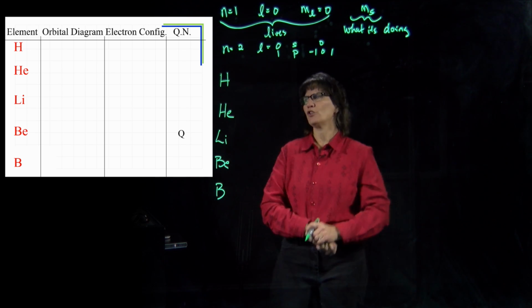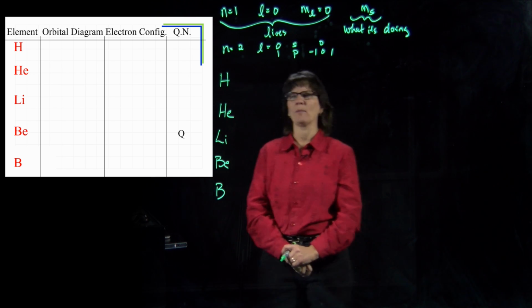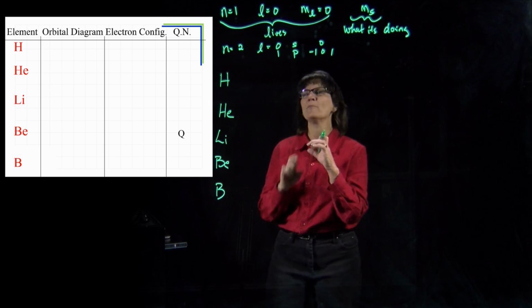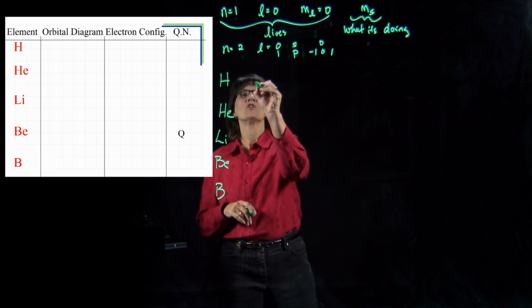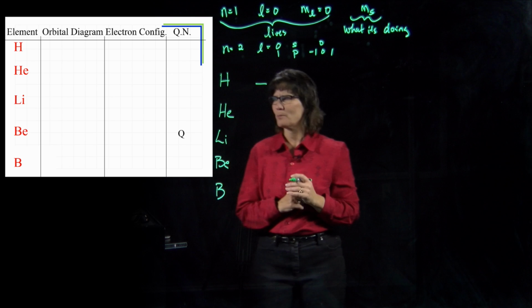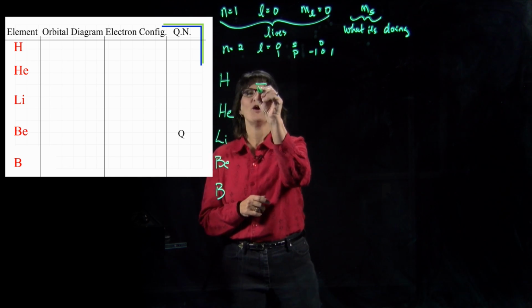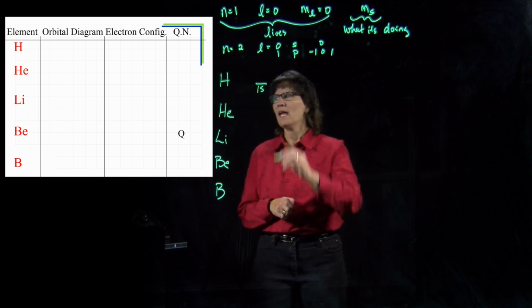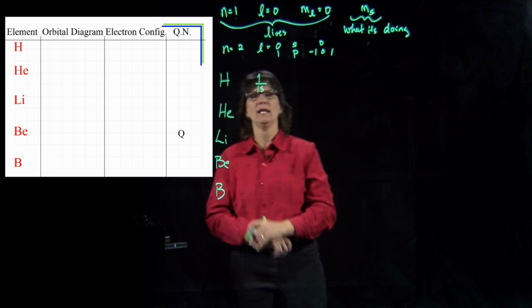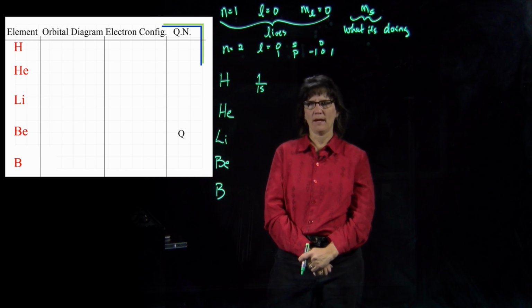So the first thing that we're going to do is the orbital diagram. Now rather than drawing boxes, I'm just going to draw lines, okay? Because boxes are just a pain. So there's my box, my 1s orbital, okay? It has 1 electron in it, so I draw it as an up arrow.